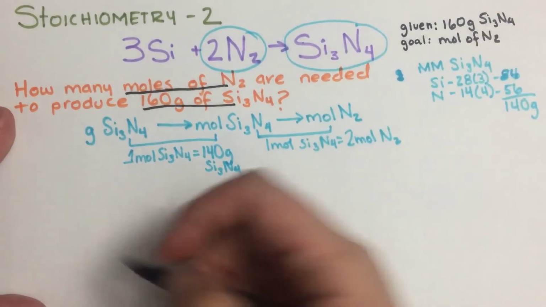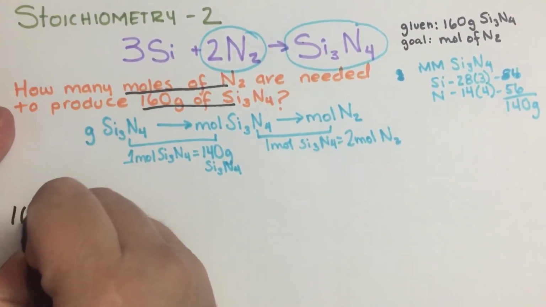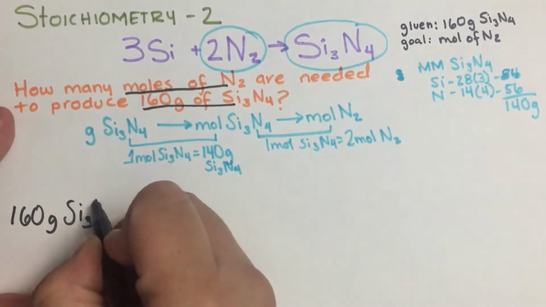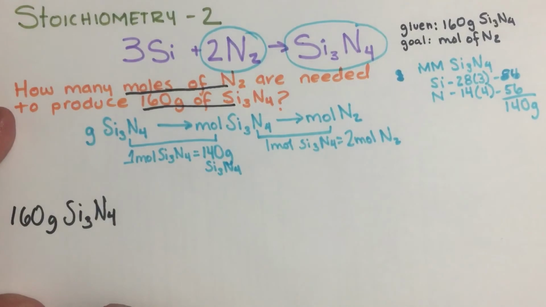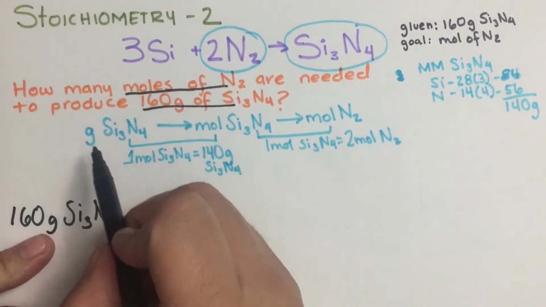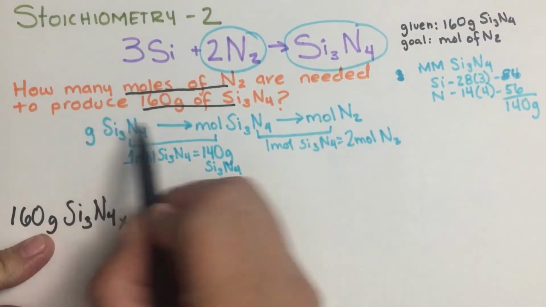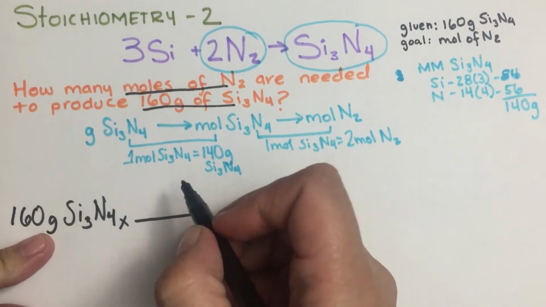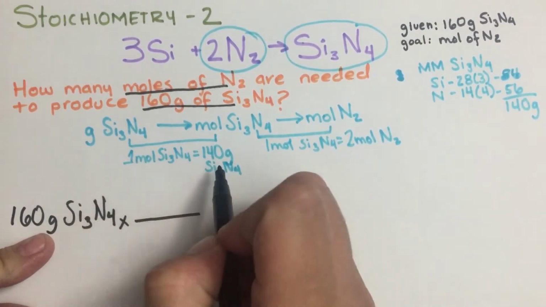So to finally get the result, you have 160 grams of Si3N4 times. So our first step is to go from grams of one to moles of the same thing. So which one do we put on the bottom?